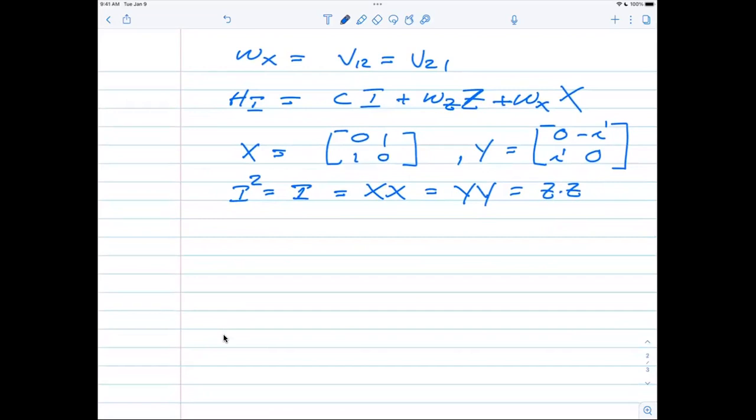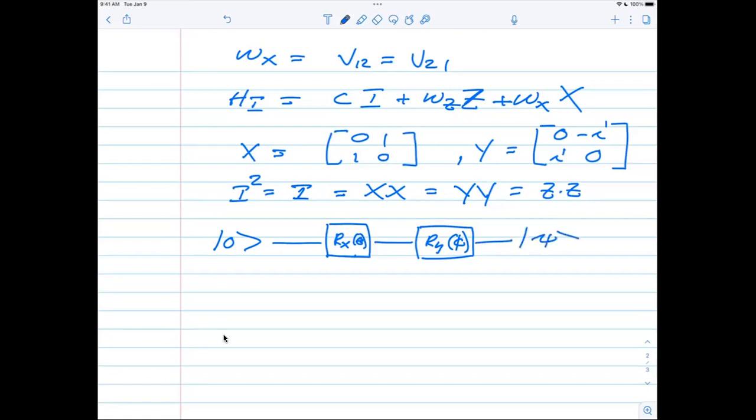We will have an input state 0, and we are going to change that one by a rotation around an axis, Rx, with an angle theta. We are going to perform a new rotation along the y-axis, given by an angle phi. So theta and phi are just variables. And this ends in a new state, which I'm going to call psi.